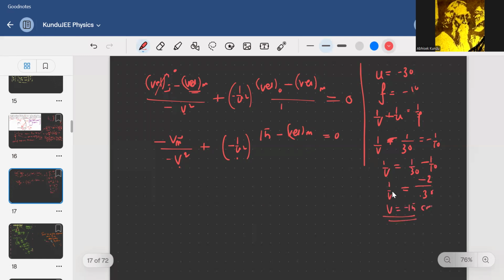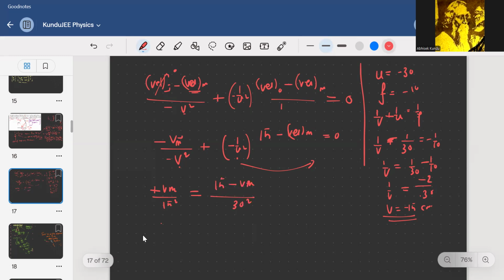So we can directly put that in this equation. Vm by 15 square, plus minus minus plus, equals, taking that to the right, 15 minus Vm, velocity of mirror, by u square. What is u at that instant? 30, so 30 square.